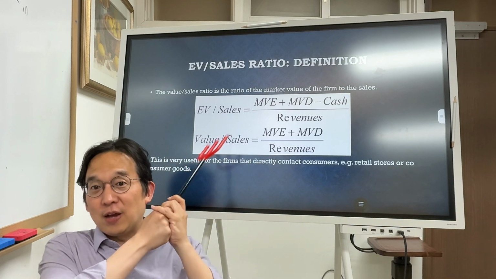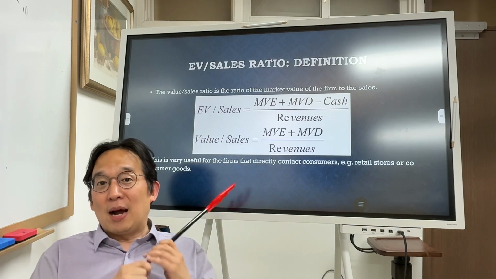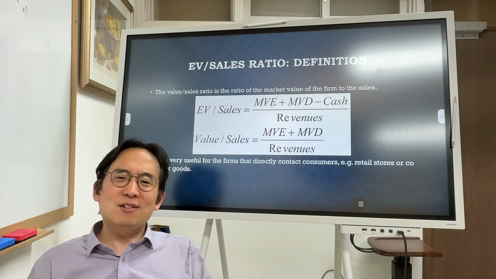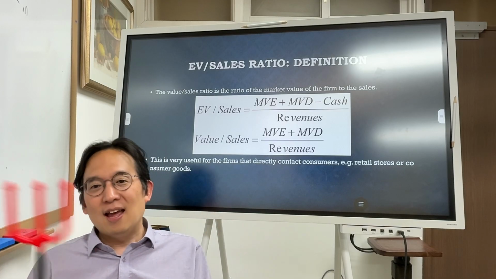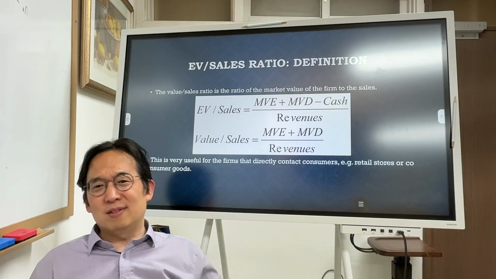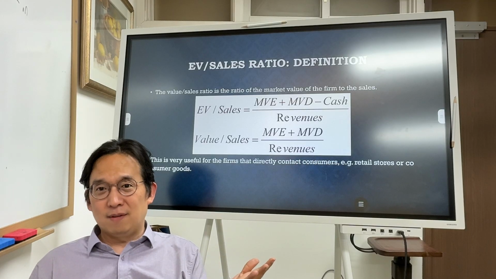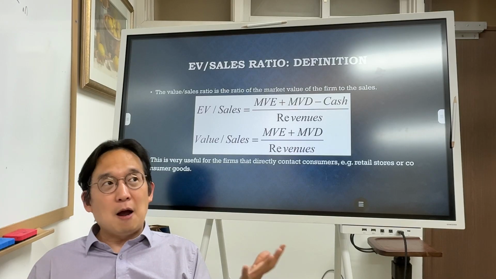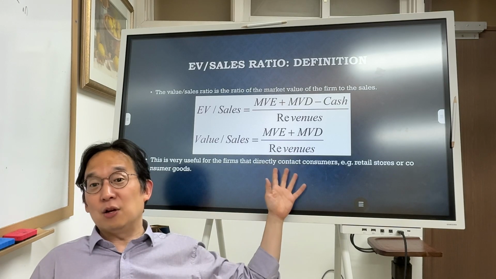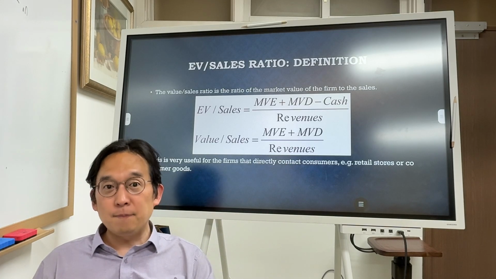That's enterprise value concept. Market value of asset, well, just relax. If there's a cash amount, just don't delete it, okay? And then market value of asset, how much is it, okay? Per each dollar of sales that you generate, okay?